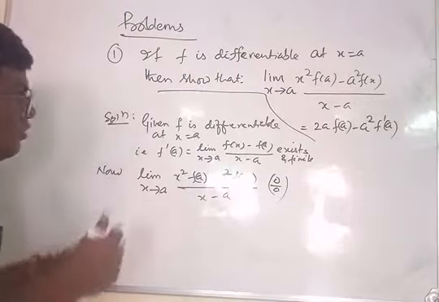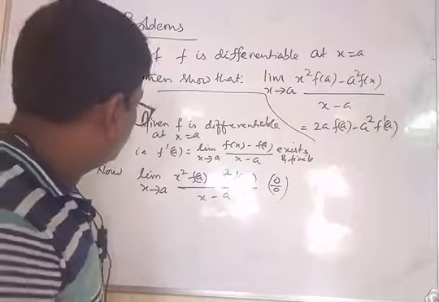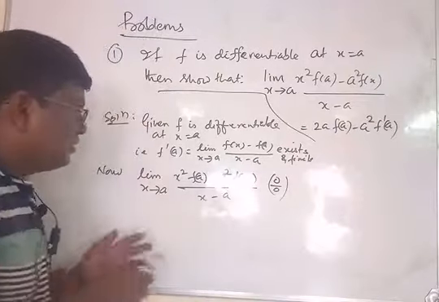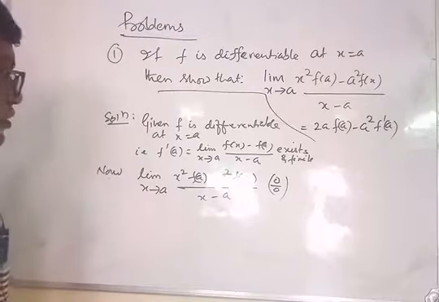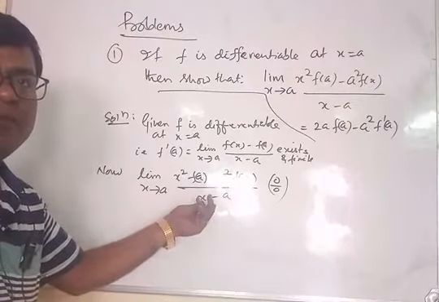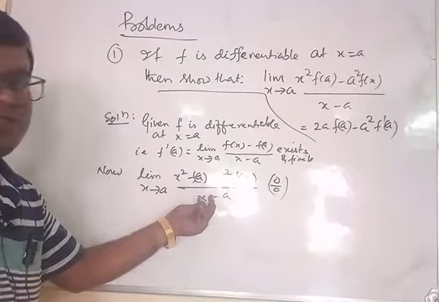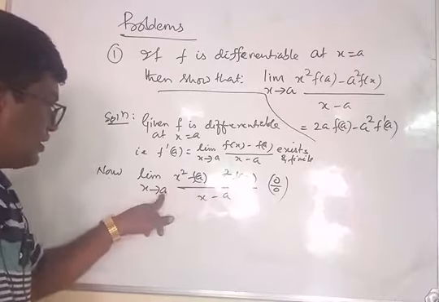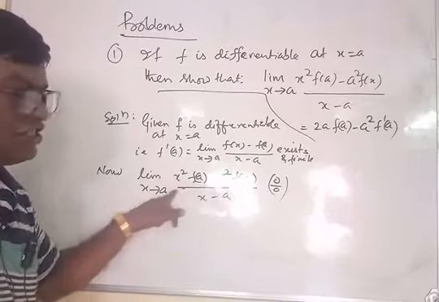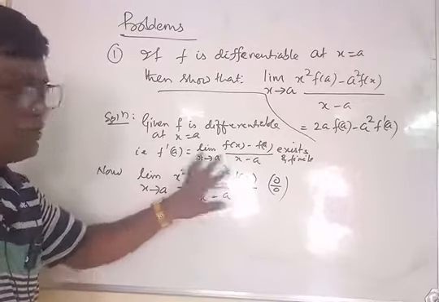We have to modify it by adding and subtracting a term, and try to cancel the factor where the denominator becomes 0.